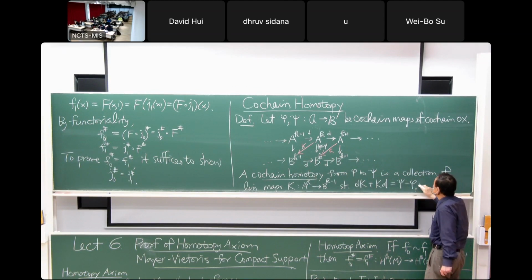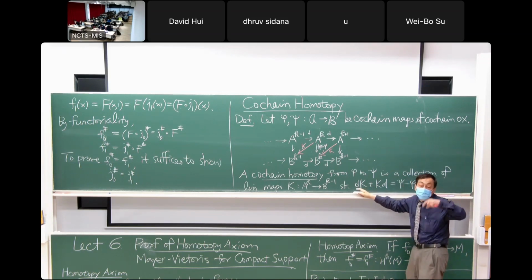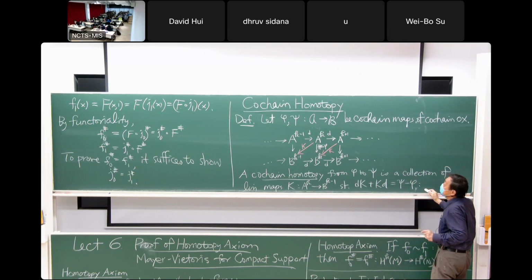And dk, because k decreases the degree by 1, and d increases the degree by 1, so dk will preserve the degree. So it's going to go from ak to bk.